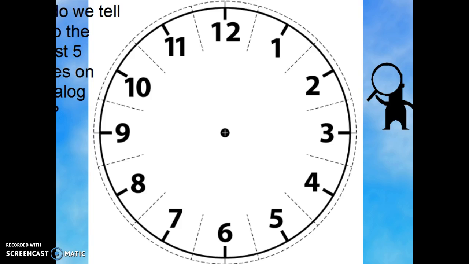So how do we tell time to the nearest 5 minutes on an analog clock? Well, if you notice here, I have a clock. It's broken down. It's a little simpler than usual. But on an analog clock, we simply tell time by skipping by 5. So each one of these numbers represents the passing of 5 minutes of time.